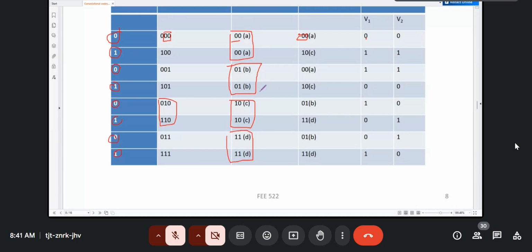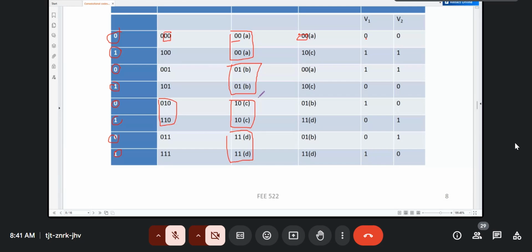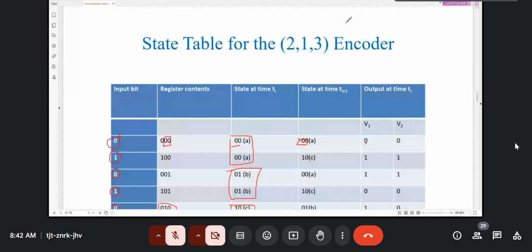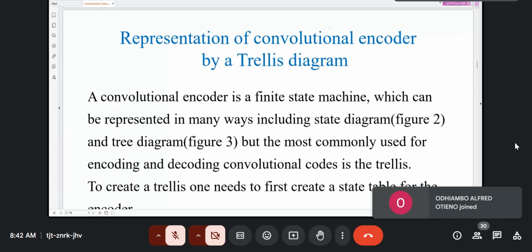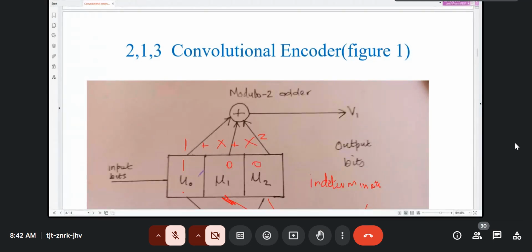The main thing is you are dealing with states, and you have different states of the encoder. The state of the encoder means the number of registers excluding the first bit, because in most cases they don't even put this as a register, they just put it like that, so they will not be showing it like a register.